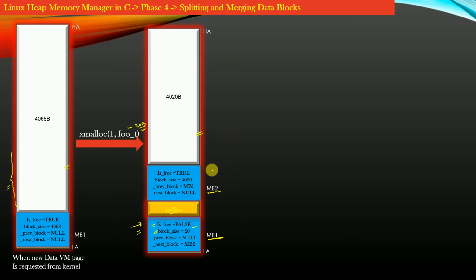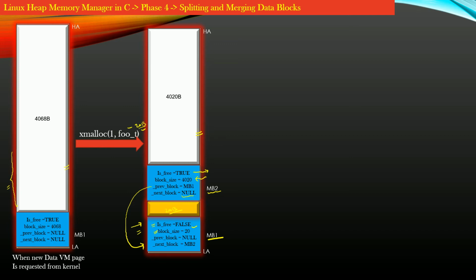So you can see that isFree is set to true. It means that the data block which this meta block is protecting is free and is available for memory allocation. The size of this data block is 4020 bytes. The previous block is updated to point to the starting address of meta block 1, and the next pointer of this meta block is set to null.